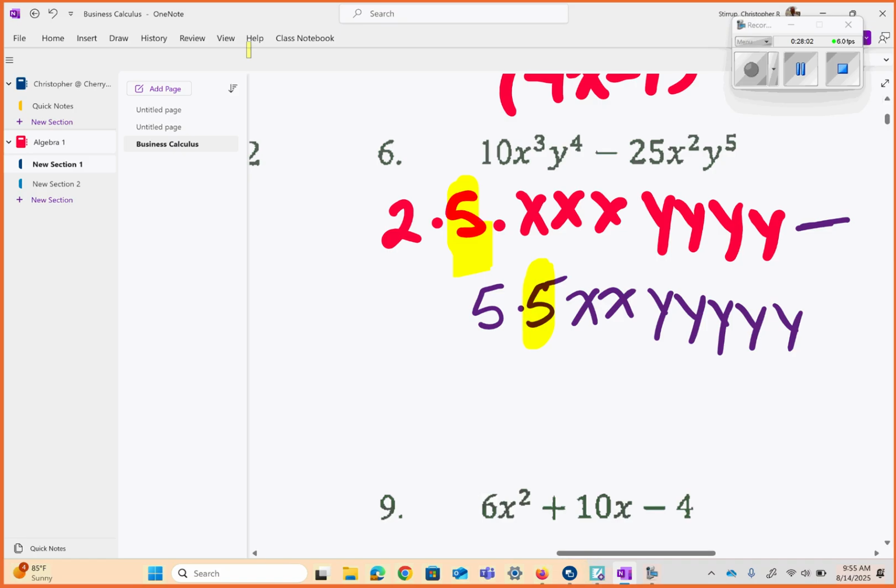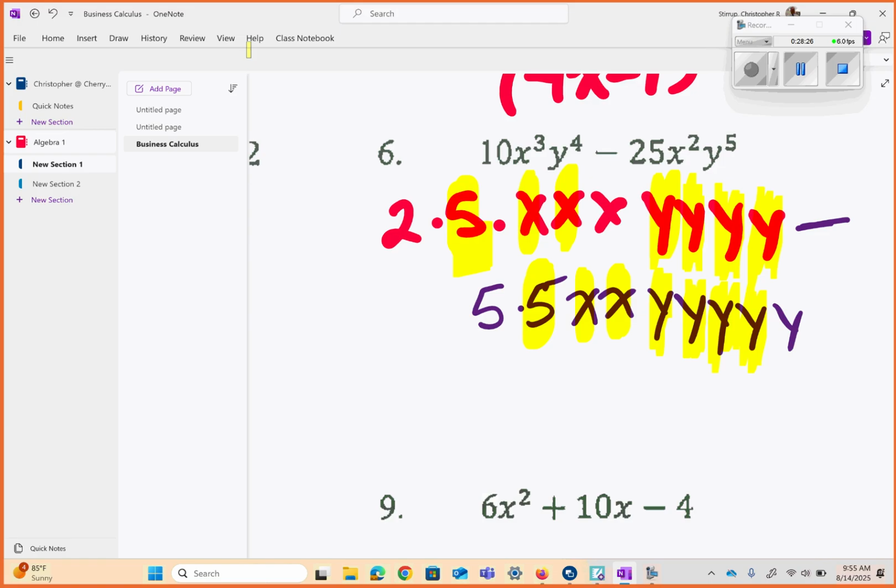Do you agree that those are the same 5 numerically on both? And I have an x, and another x, but I can't go to the third x because I don't have 3 x's on the red. And then I can go to the y's, and I have a y, and a y, and a y, and a y.